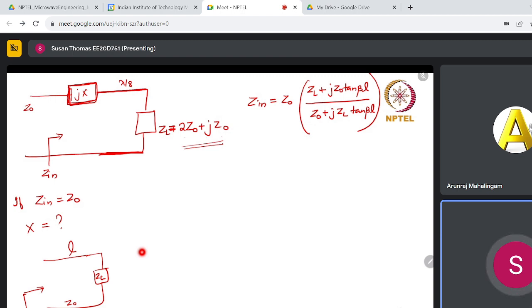To evaluate Zin at a length of L, we use this equation.